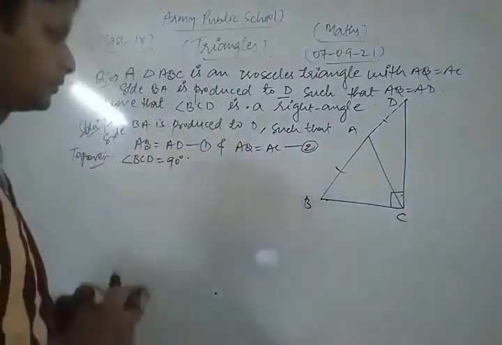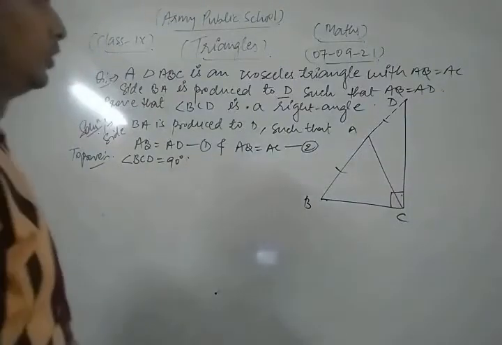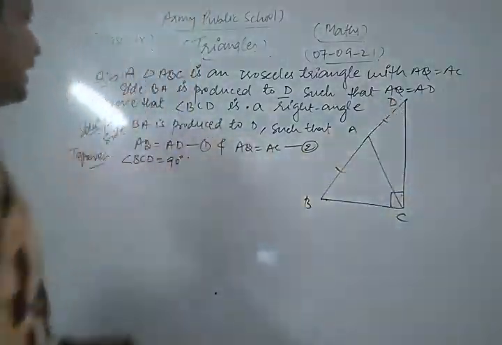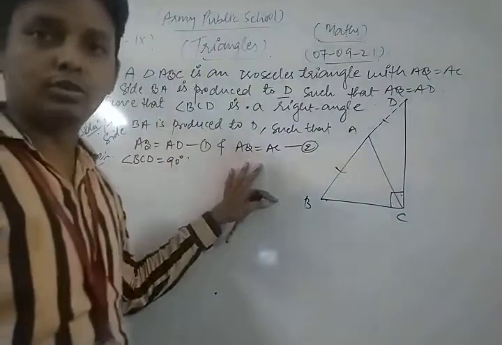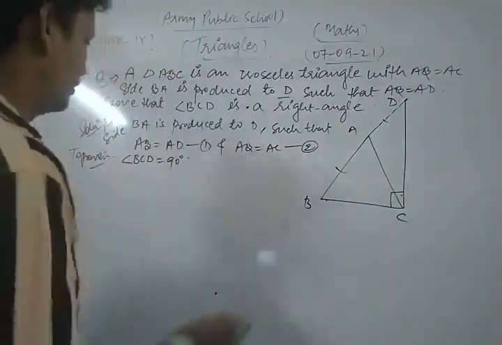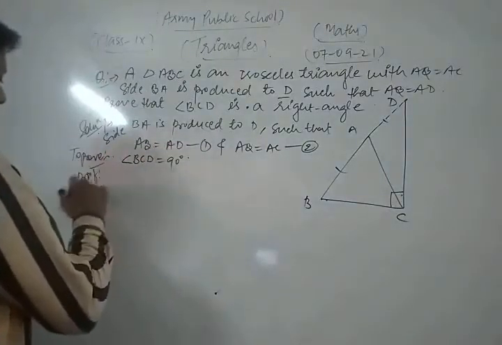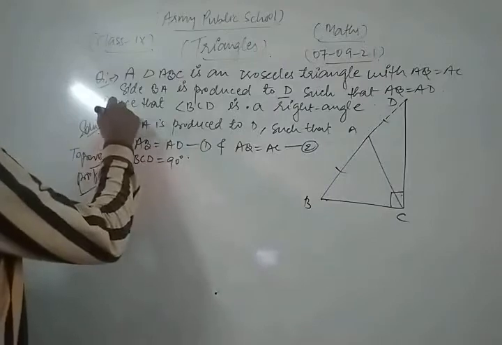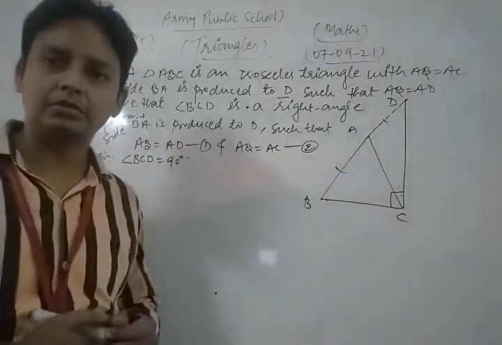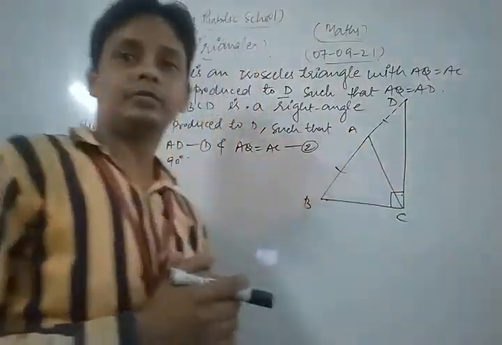So dear students, let's see. Side AB is equal to AD as well as AB is equal to AC. This is given in our question, and we have to show that angle BCD is a right angle.